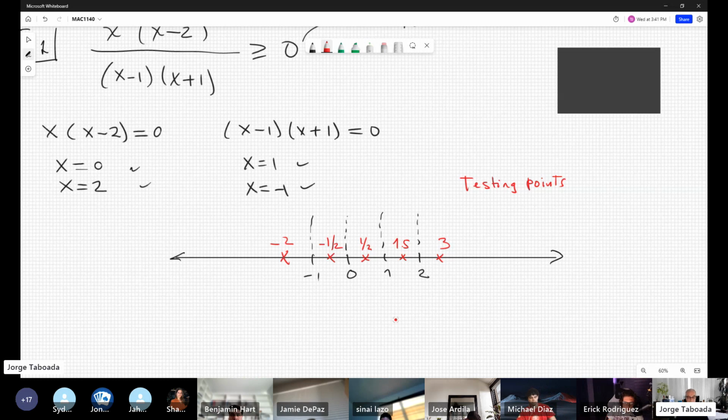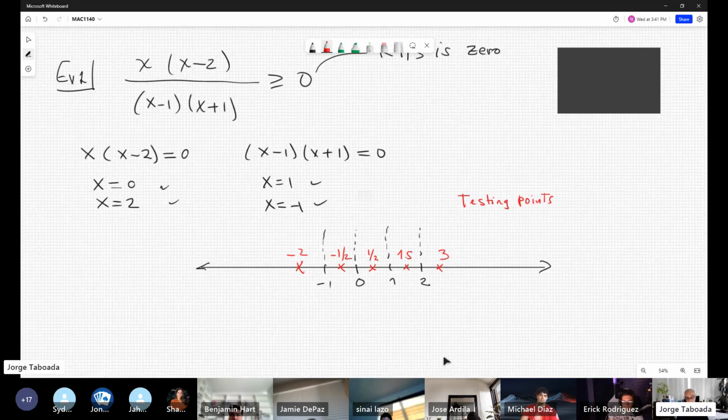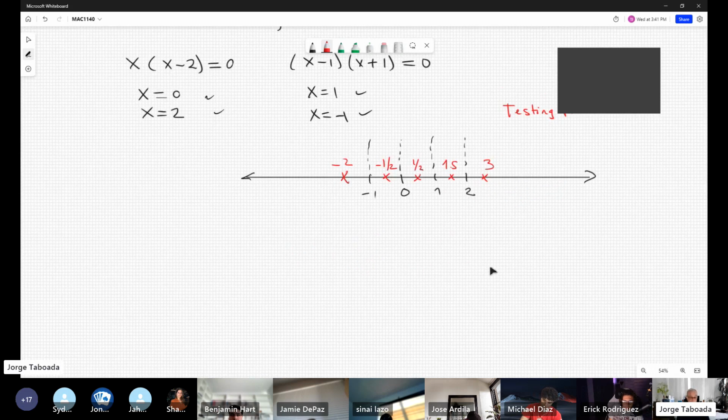Okay, after that, you can plug them in one by one into the original inequality. It's one way. I don't like it personally, but it's okay. I recommend to my students doing it in table format. I list the testing points. Okay, we have 5, no?